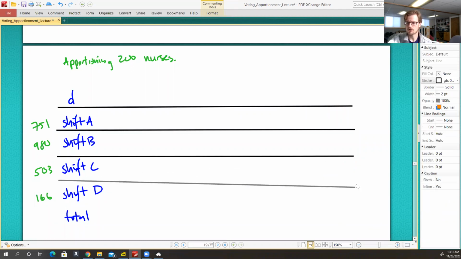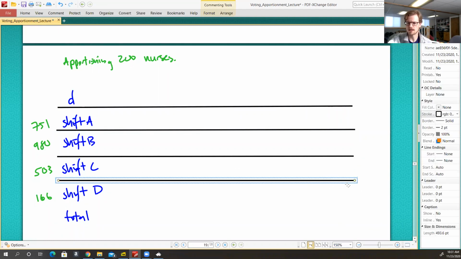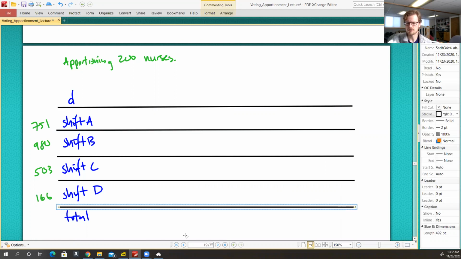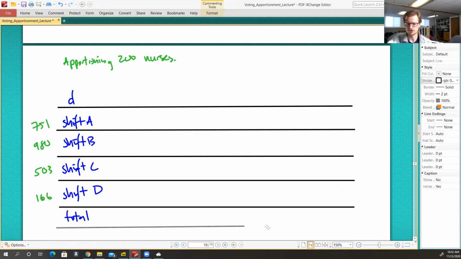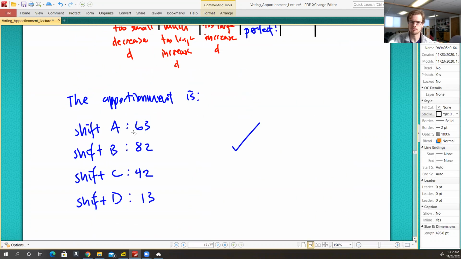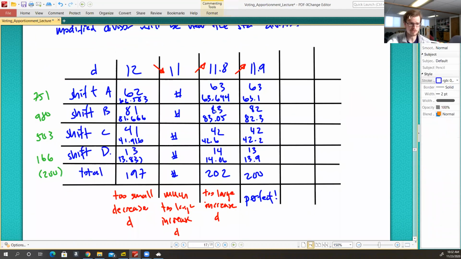When we write up our apportionments in each case as we try them, it is not necessary to write the unrounded version. If you choose to write down the unrounded version, that's fantastic. In the previous method, we calculated the modified quota and then rounded it, and showing this allows us to recognize that we took this number and rounded it to that, which is helpful.